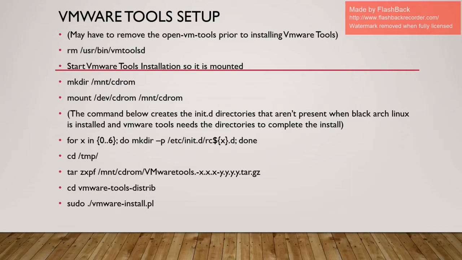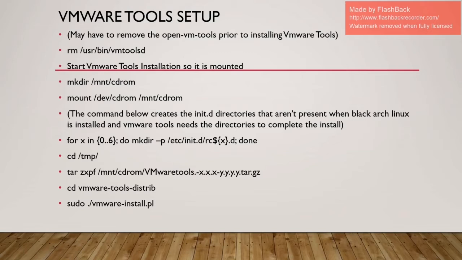Mount the VMware Tools installation so you can proceed with making the directory and mounting the CD-ROM path. Follow up with mounting the CD-ROM path, and there's a command you should enter. I prefer to enter this command before you proceed any further.